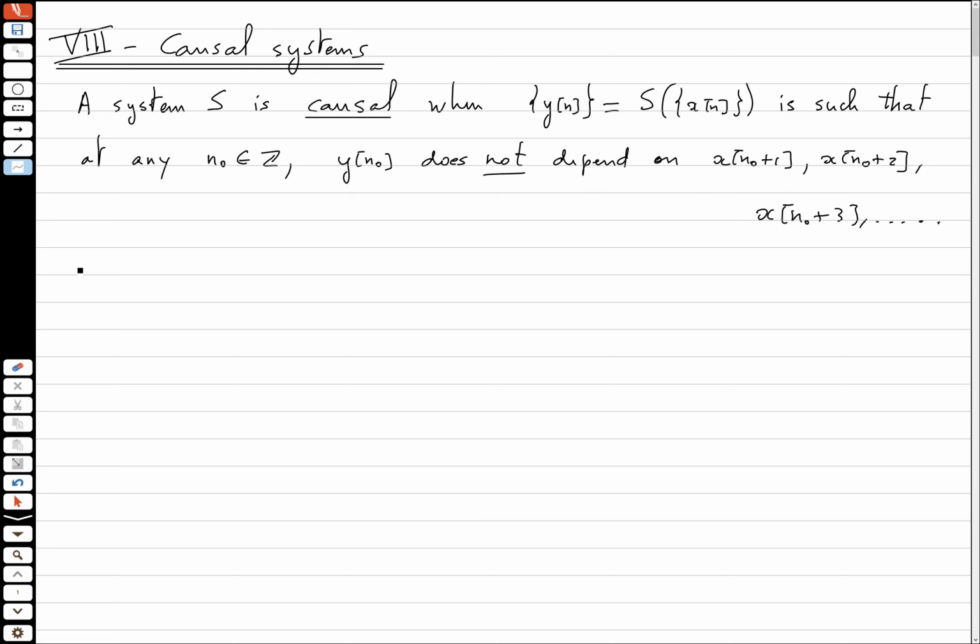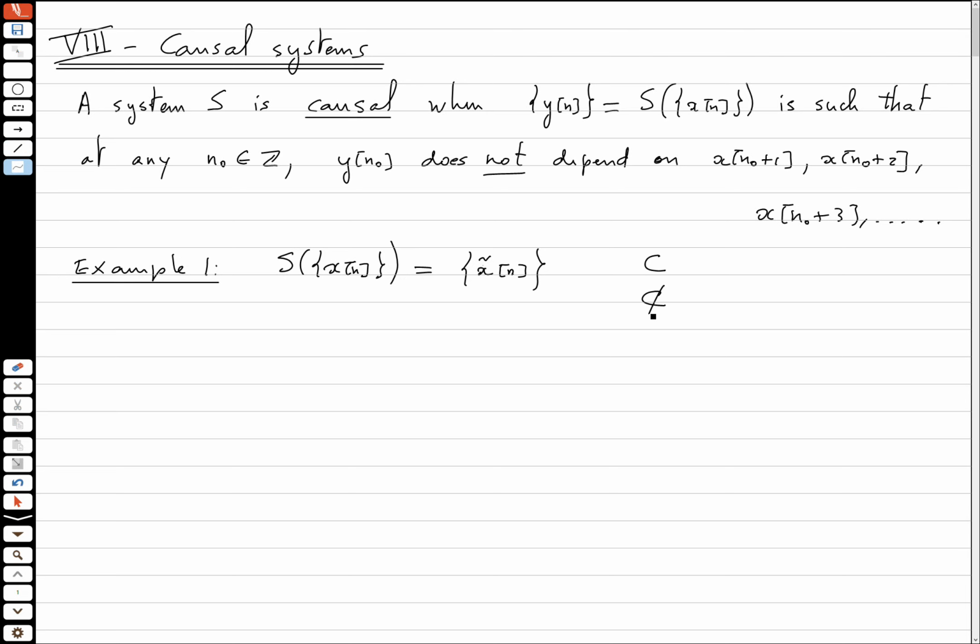So let's do some exercise. Example 1. Consider the system that performs time reversal. Is it causal or is it not causal?